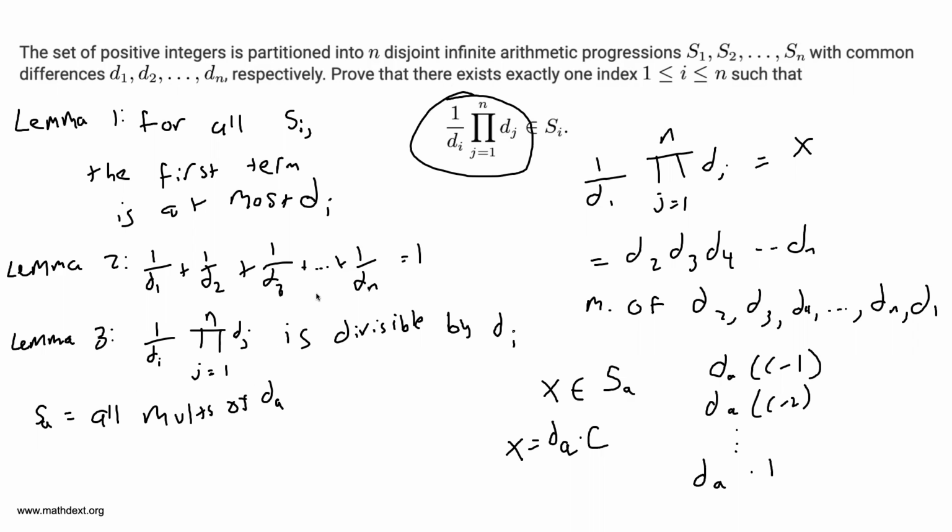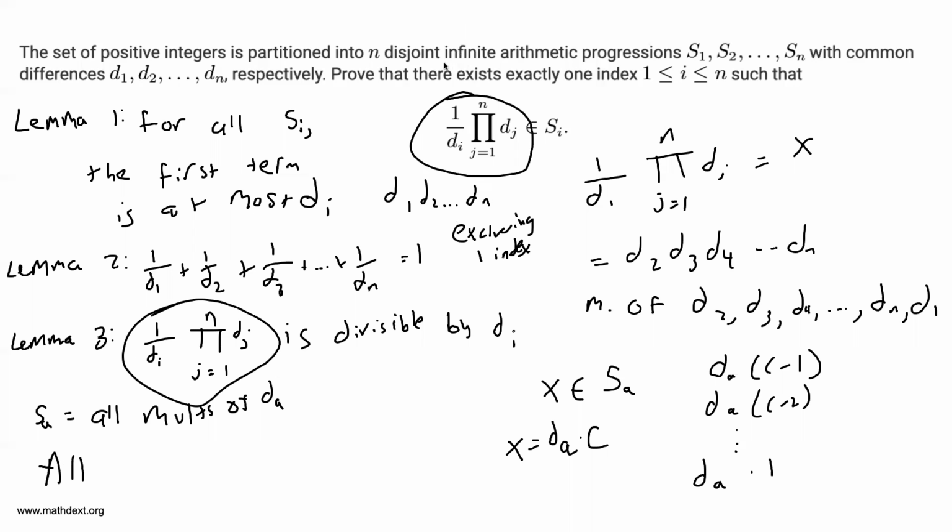Otherwise, this product is equal to the product of the differences except for one, which is not dA, which means that this thing over here includes dA, like it's d1, d2, something, something, dn, but excluding one index, which means that this thing would be divisible by dA. Anyhow, so all of these terms are actually in SA.